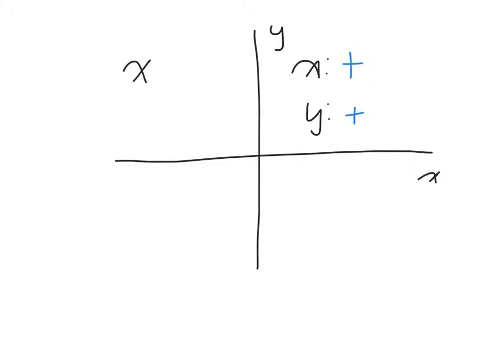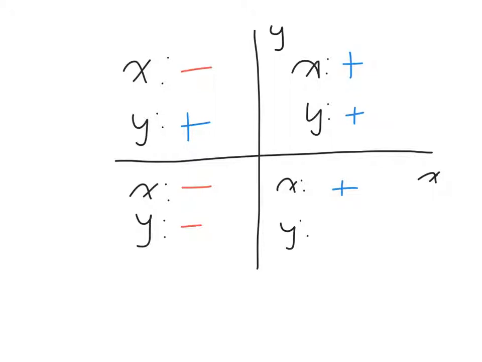Any vector in the second quadrant will have a negative x value and a positive y value. Reason being, if you're going to the left, negative. If you're going up, positive. Anything in the third quadrant will have a negative x value and a negative y value, and anything in the fourth quadrant will have a positive x value and a negative y value.